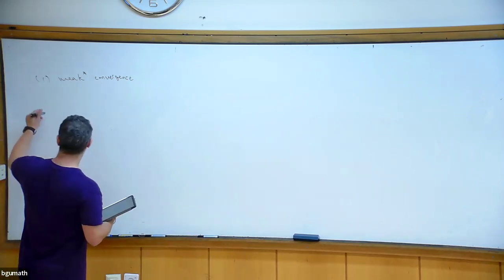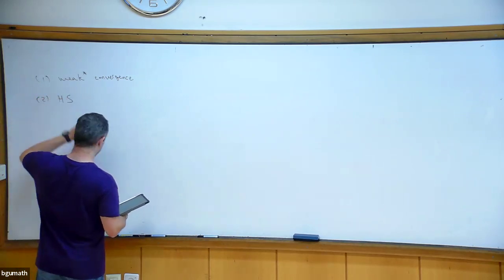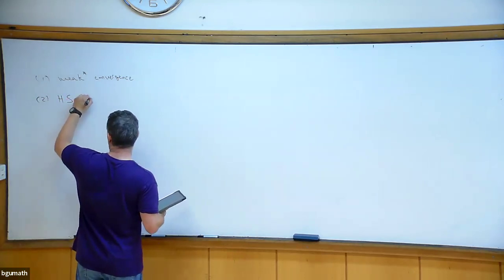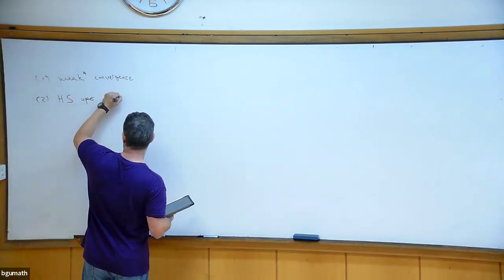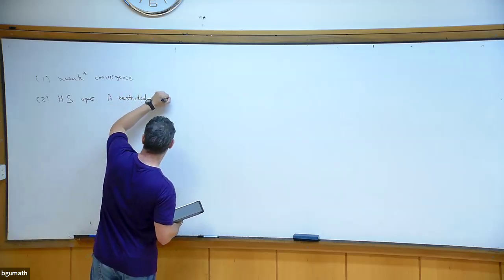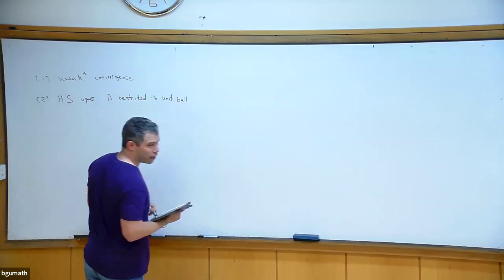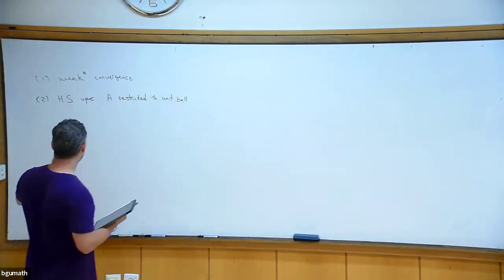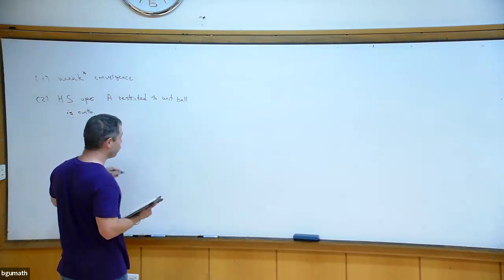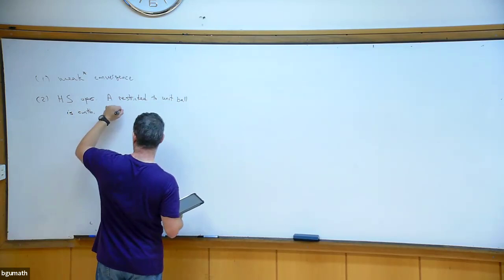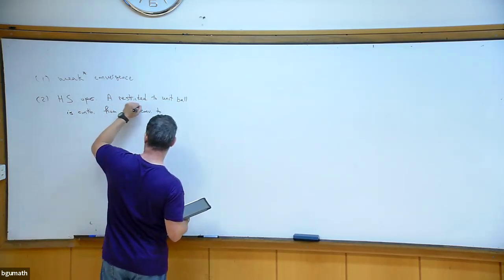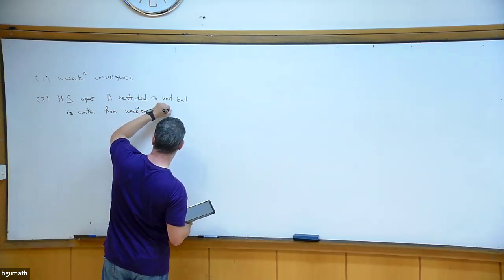Then we had the definition of Hilbert-Schmidt operators. And we said that a Hilbert-Schmidt operator A, restricted to the unit ball, but of course I can replace the unit ball by any finite radius, is continuous from weak convergence, or weak star, it doesn't matter, to norm convergence.